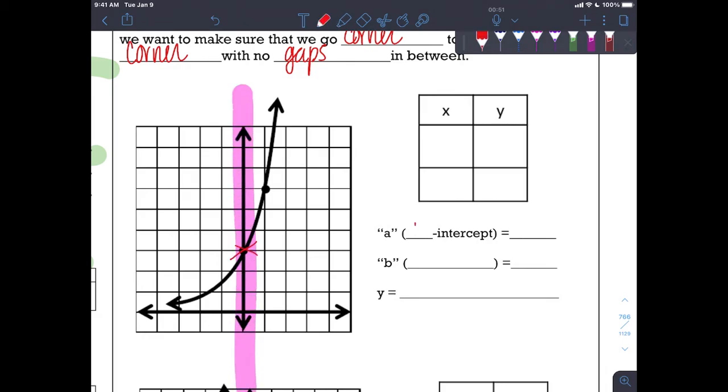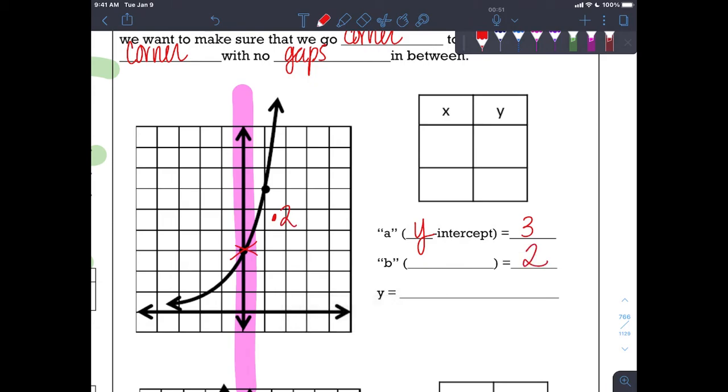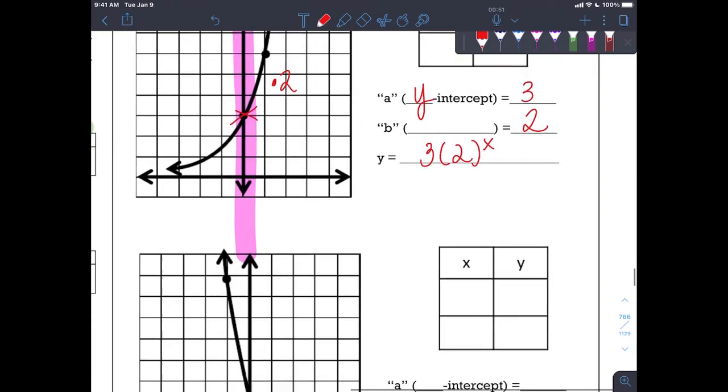There at +3, my y-intercept is +3. Now I look at the very next one over. So from 0 to 1, this goes up to 1, 2, 3, 4, 5, 6. It went from 3 to 6. We multiplied by 2. My b value is 2. I'm done. That's it. Let's try it one more time.